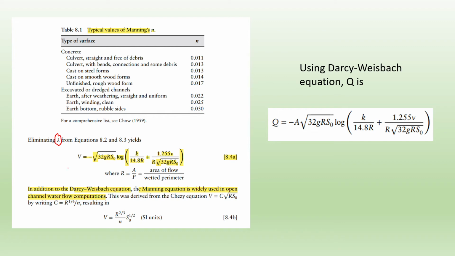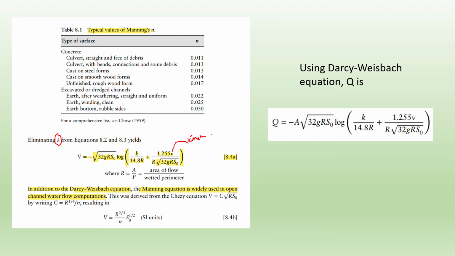So this equation is the same as Manning's, where R is equal to A over P, and in this case we have mu. So this is kinematic viscosity, like we already used in open channel and pipe flow.